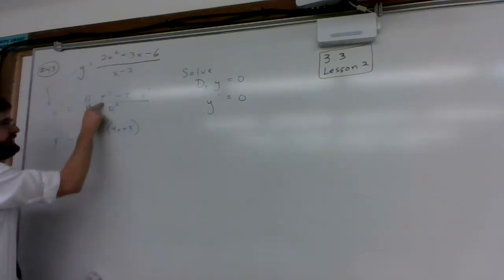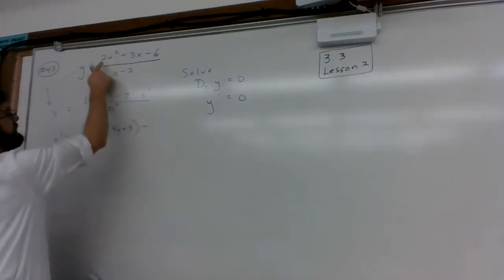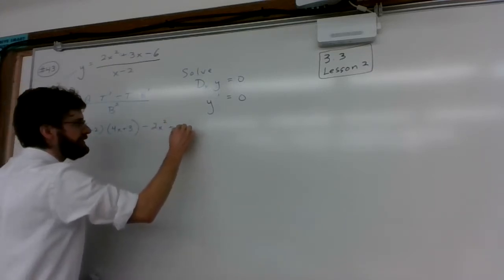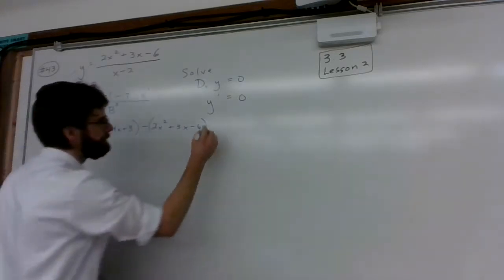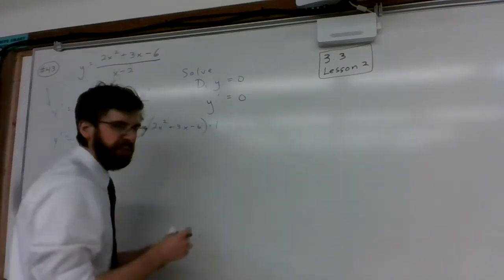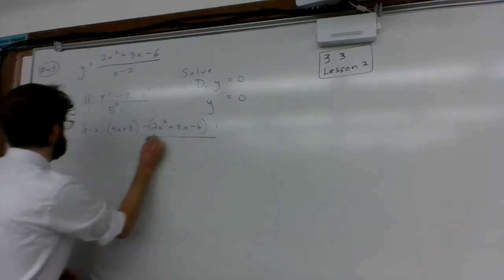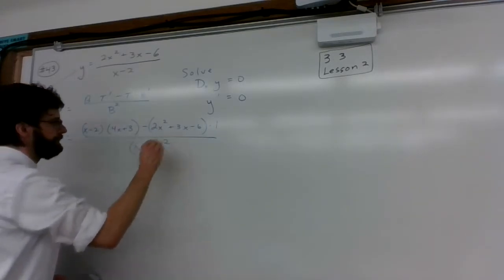So this is bt prime right here. And then I subtract the top, 2x squared plus 3x minus 6 times the derivative of my bottom, which is just 1. So nothing will change inside there, except it's going to have a negative go through. The bottom squared is just going to be x minus 2 squared.